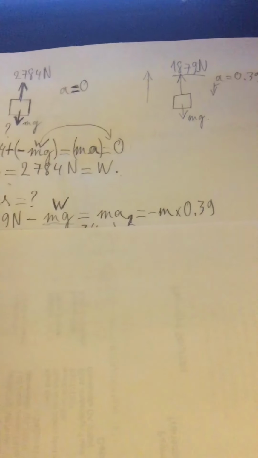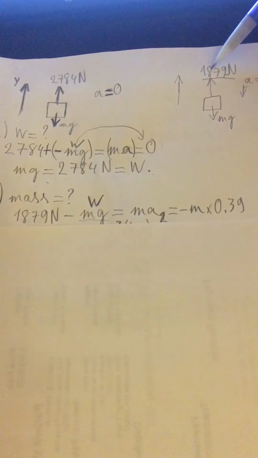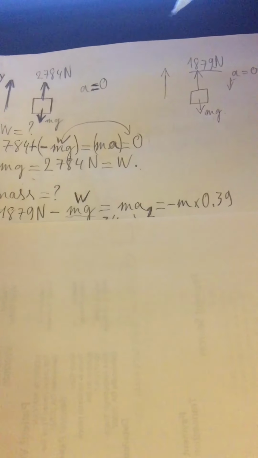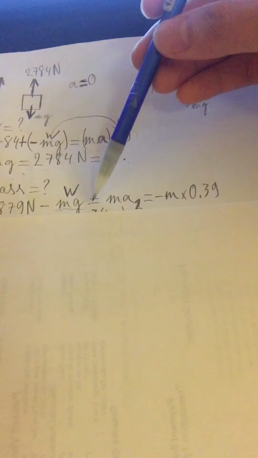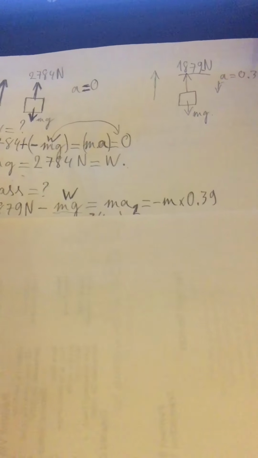So the net force in this case is 1879 Newton minus the weight, which is mg, equal to the mass times the acceleration. The acceleration in this case is negative 0.39 meter per second square.